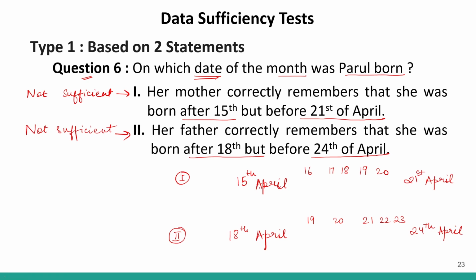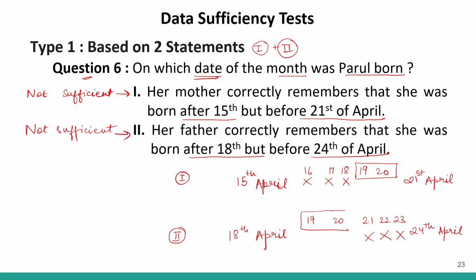Now, if I take statements 1 plus 2, if I combine the two statements, how many dates can I eliminate? I can eliminate 16, 17 and 18. Correct? And I can also eliminate 21, 22 and 23. So how many dates are remaining? 19 and 20.